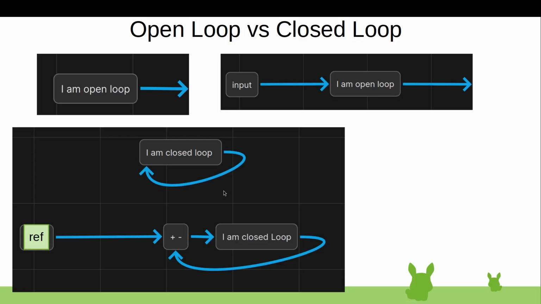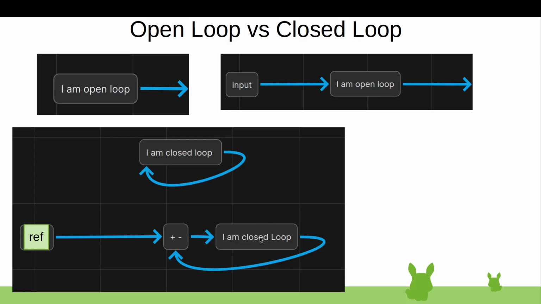Also, more engineering lingo is open loop and closed loop, and what do they mean? Closed loop for classical control is just taking the output and feeding it back. Over here, you can see that. You take the output and make it the input. In open loop, you just put in an input and have an output. And you may have looked at this, which is a lot of the controller setups.